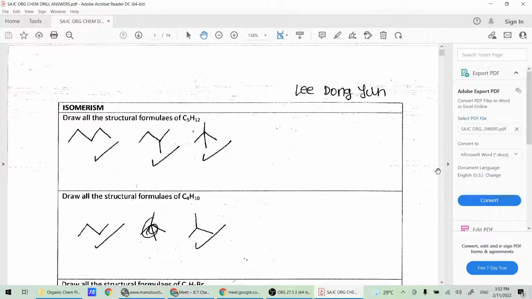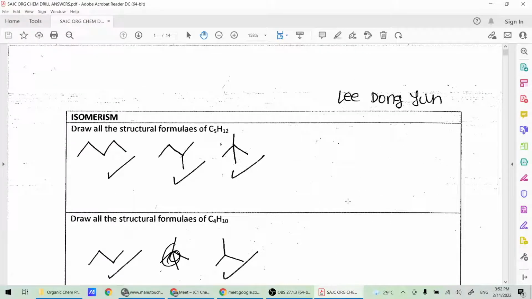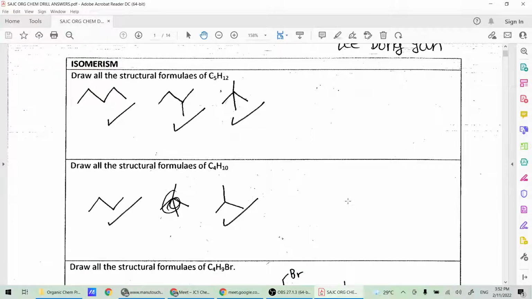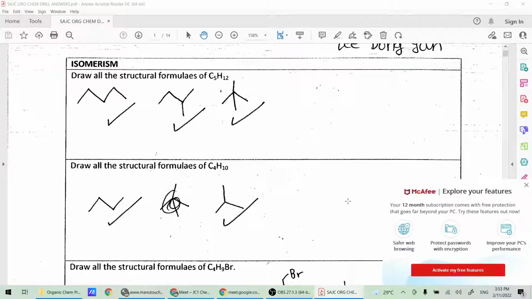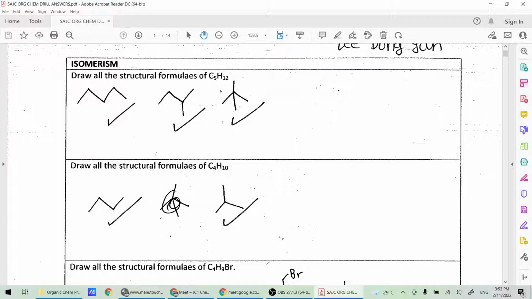Okay, then C5H12: there are three possible answers, and for C4H10, there are only two answers. This is just looking at structural formulas alone, without looking at the optical isomers. Then after this, we will move on to look at the C4H9Br. So just take some time to check your structures for these two questions.